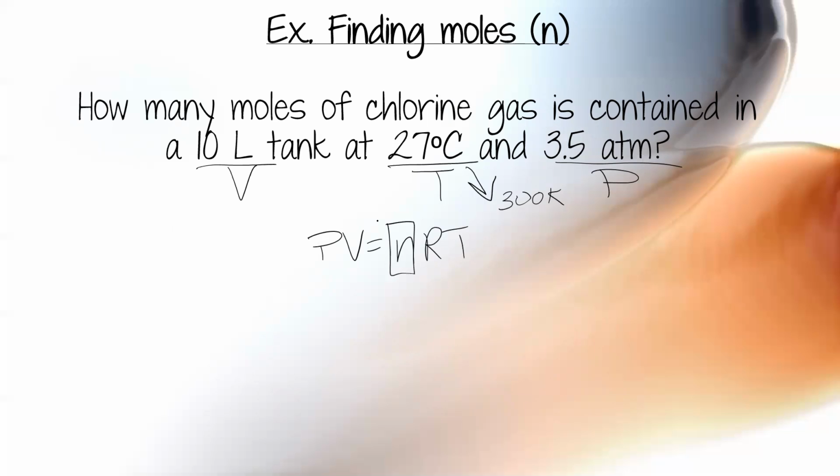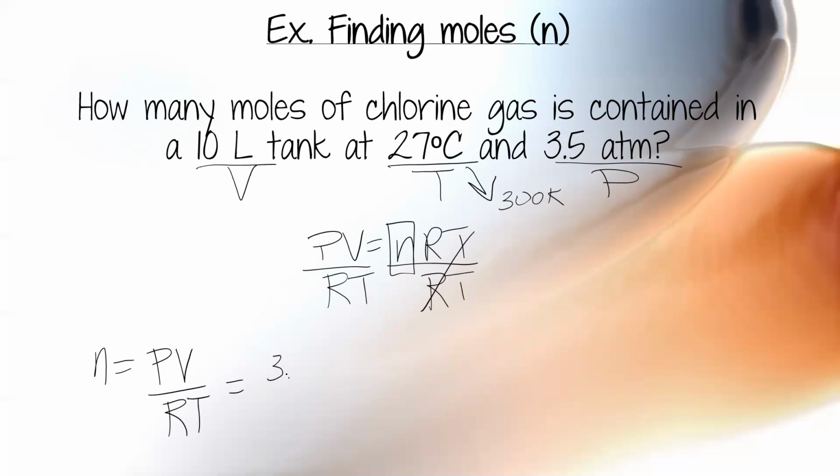So once again, PV equals nRT. I am solving for n, so I have to divide both sides by R and T. Notice they're all capital letters except n. So n is equal to PV over RT. So pressure times volume.